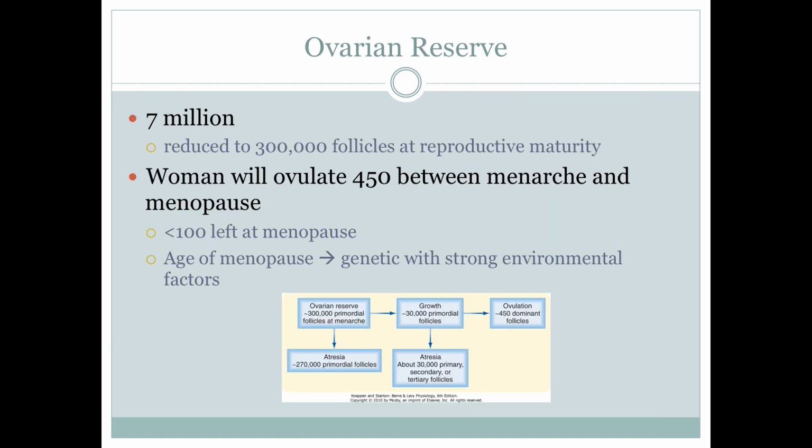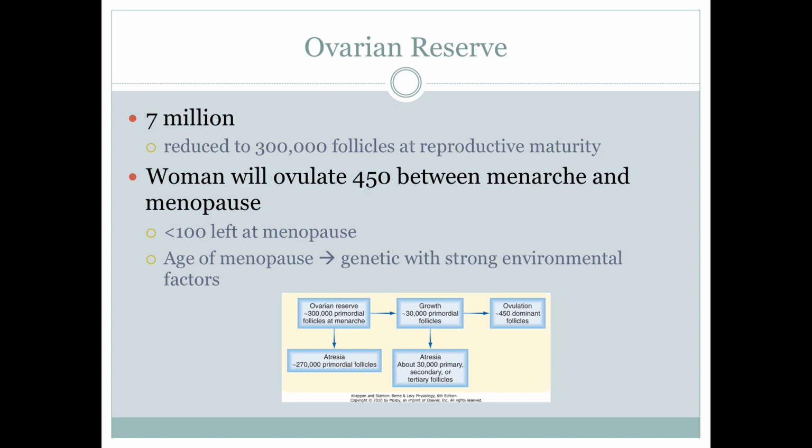All right, so the ovarian reserve, again, about 7 million follicles are around in initial development. By the time people get to reproductive maturity, which in females is the age of the onset of menses, and it's finally over when, or not over, but it's completed.